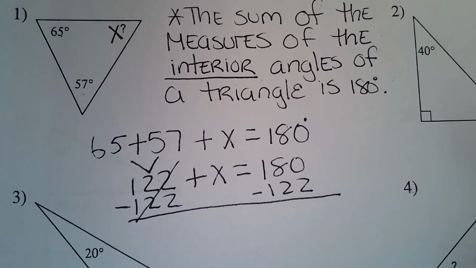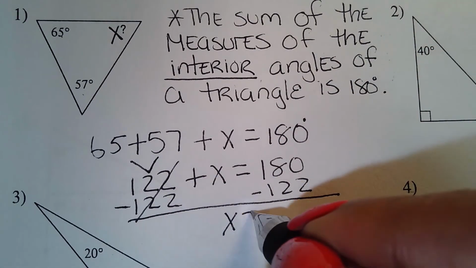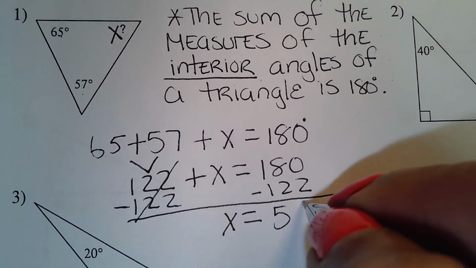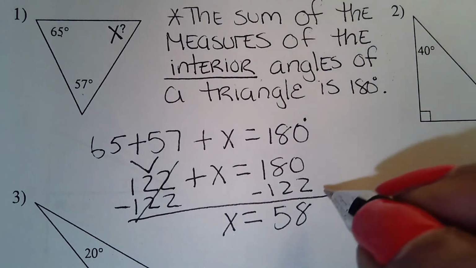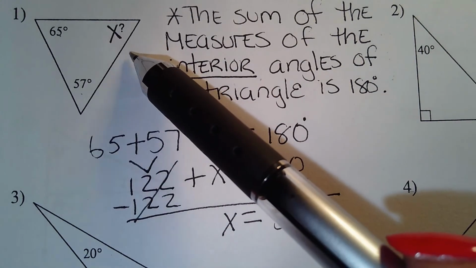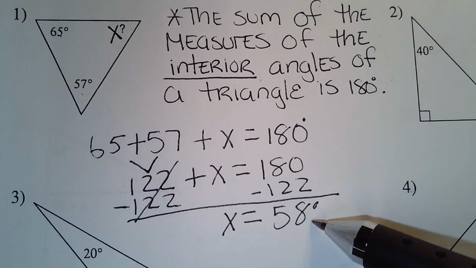Those cancel. I can bring down my X, and I need to simplify 180 minus 122, and that simplifies to 58. So the measurement of my missing angle, which we labeled as X, is 58 degrees.